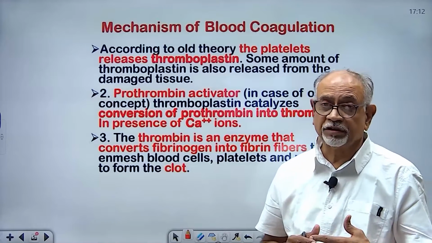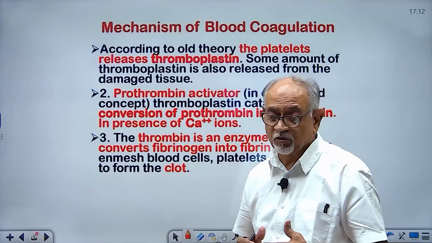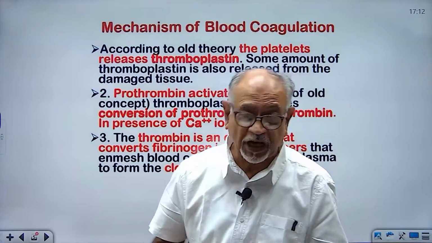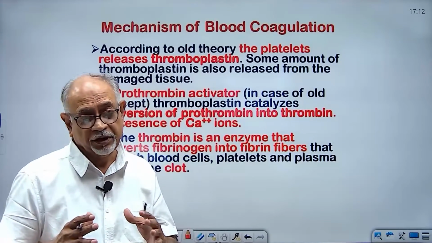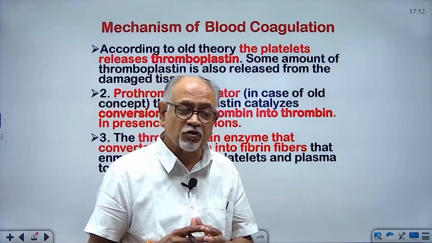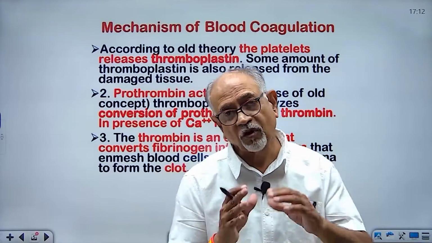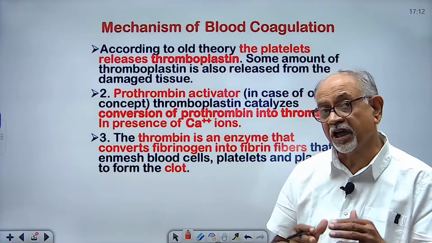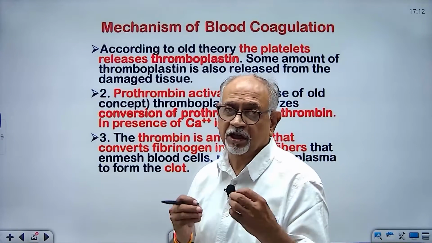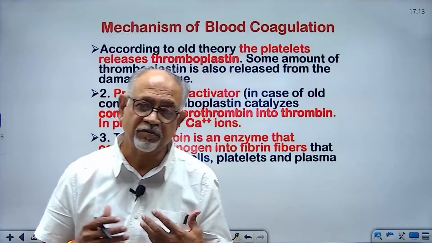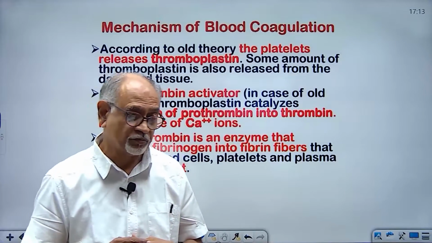For clotting, this Fibrinogen, which is a soluble protein, has to be converted into Fibrin. This Fibrin forms a meshwork in which the formed elements of blood and plasma proteins are trapped and a clot is formed, thereby preventing the blood loss.